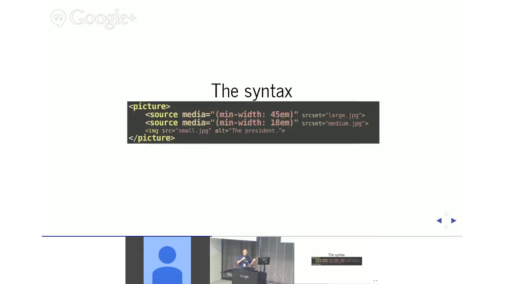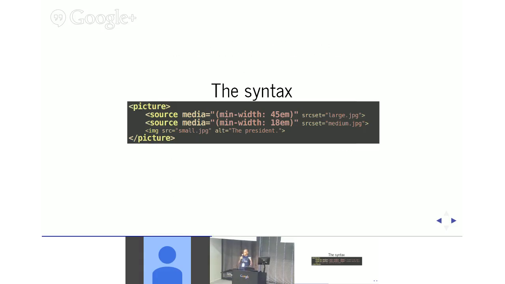So the syntax of picture is basically comprised of a picture parent element, which doesn't do much besides being a container. It's what Tab likes to call a magical span. And its children are source elements, each one with its media attribute.